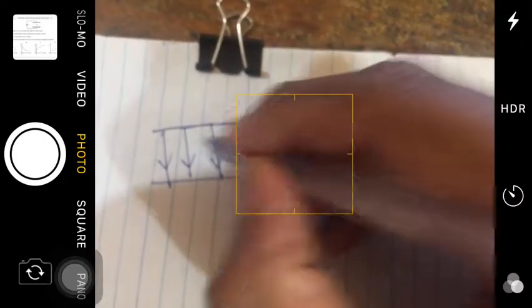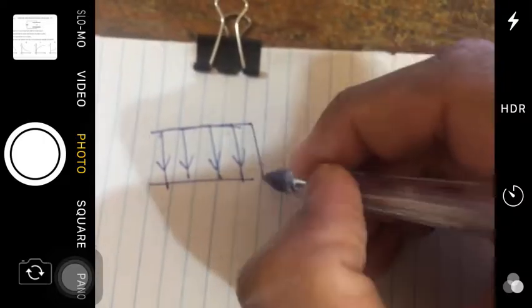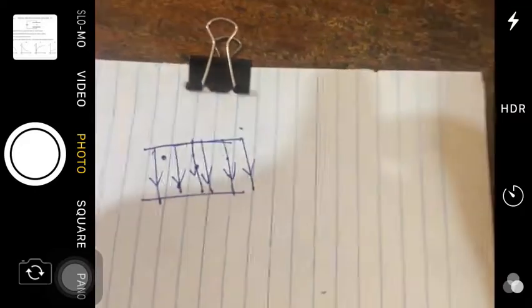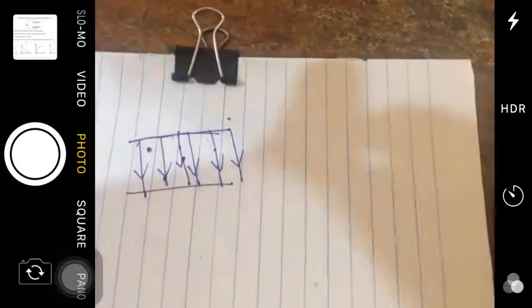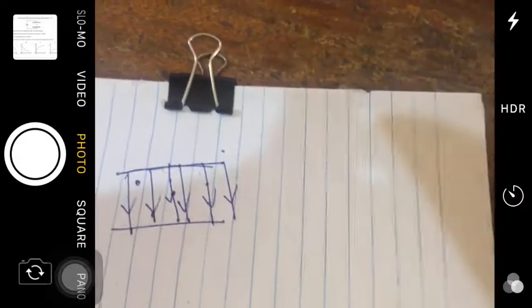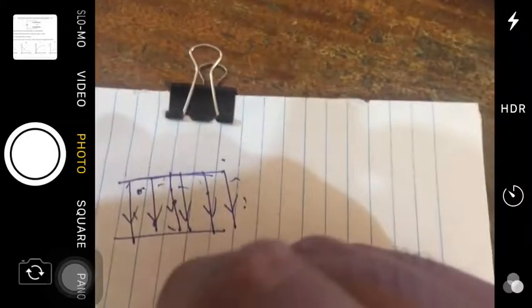Now we learned that if it's a uniform electric field, then wherever that particle is, whether it's here or here or here, midway, left, right, whatever the direction, the particle is going to experience the same force because the field strength is the same everywhere.